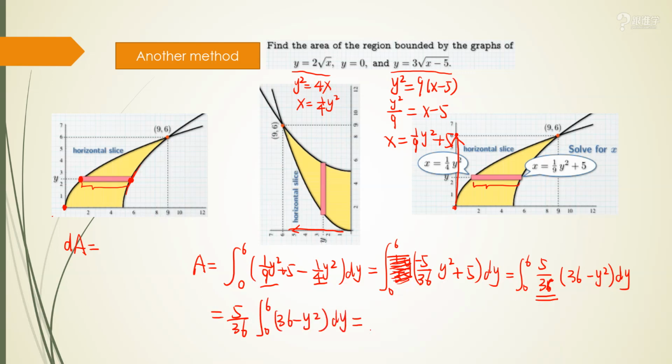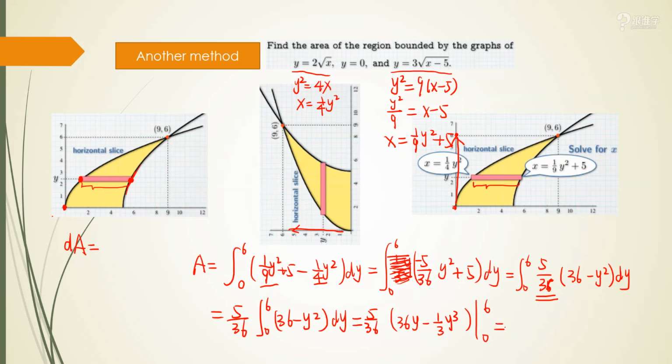Now the antiderivative is clearly 36y minus 1/3 y cubed, to be evaluated between 0 and 6.